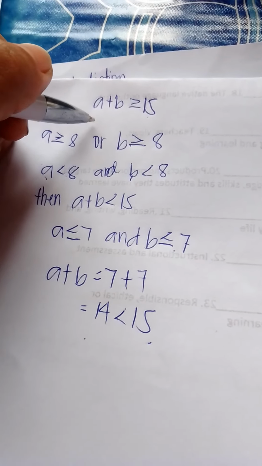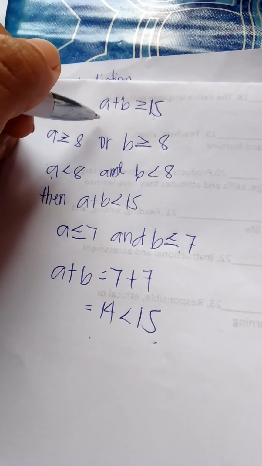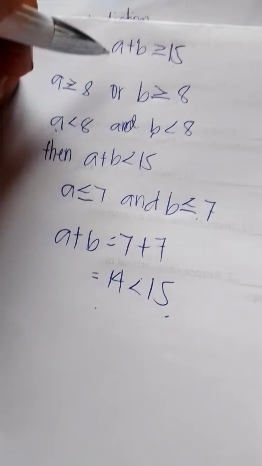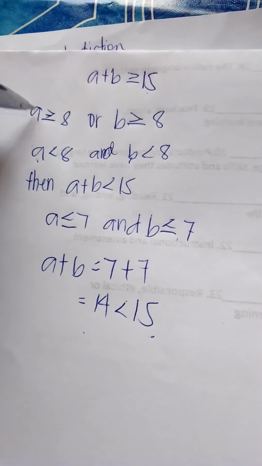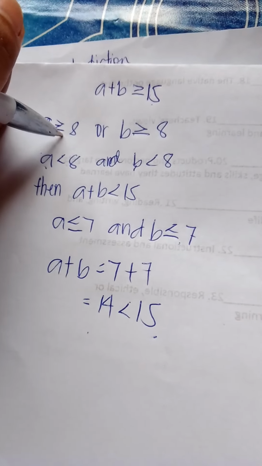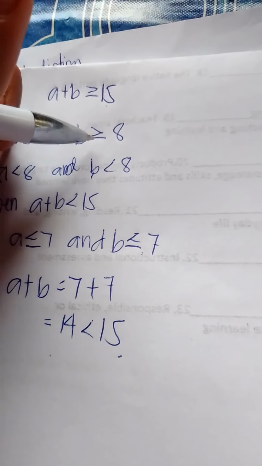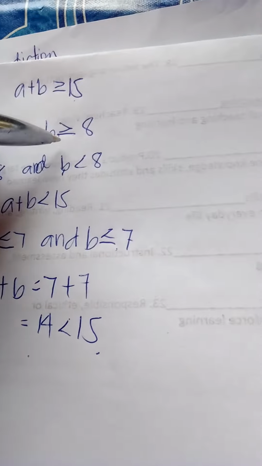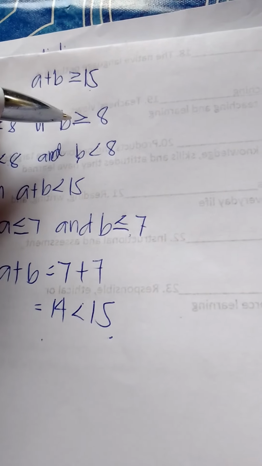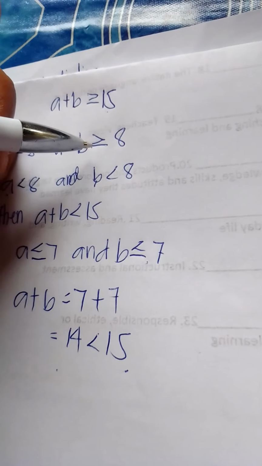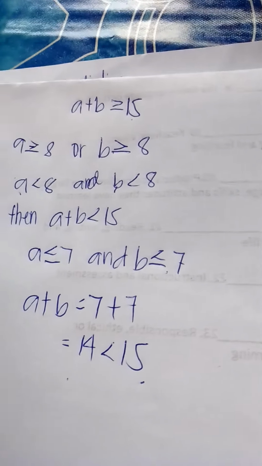A plus B is greater than or equal to 15 implies that A is greater than or equal to 8 or B is greater than or equal to 8. By the proof of contrapositive claim, we are using an OR statement.